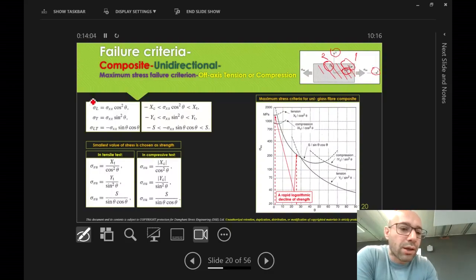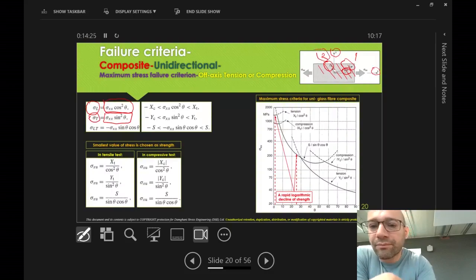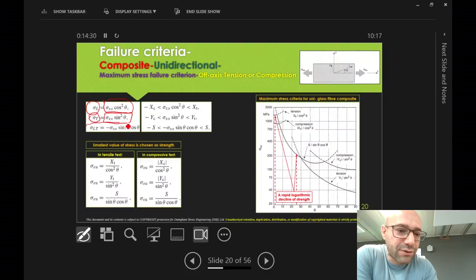From lecture 1, we should recall that stresses in the L direction, or material direction, or fiber direction, are associated to the stresses in the X direction through this transformation. The same could be said of stresses in the T direction, or direction 2, which is here, and the shear stresses.